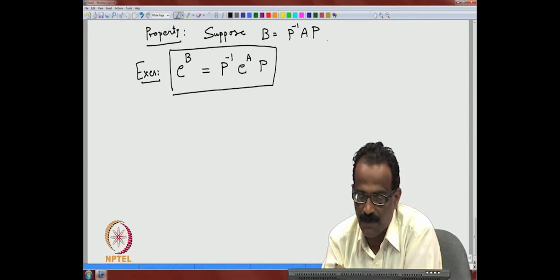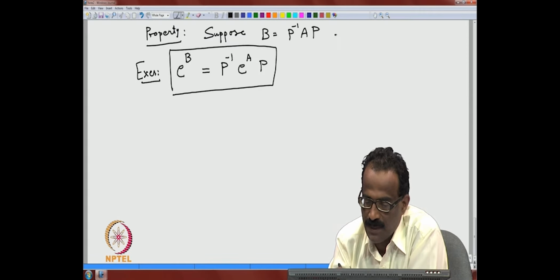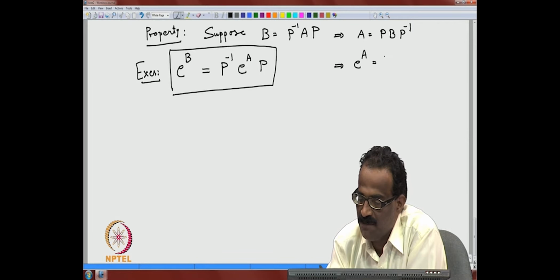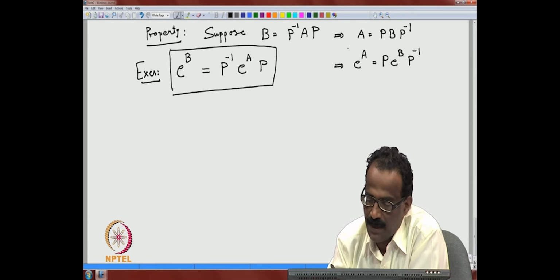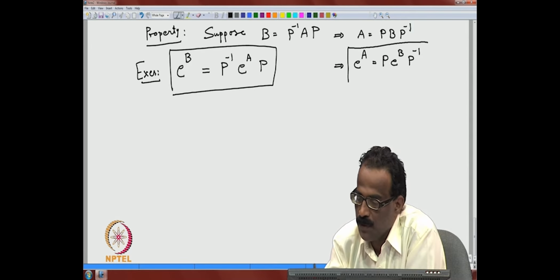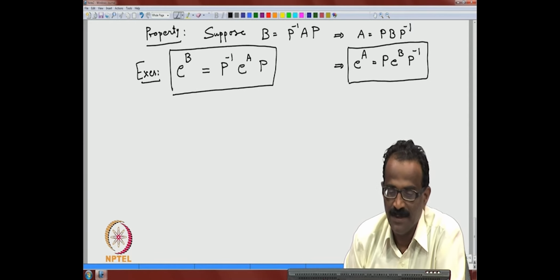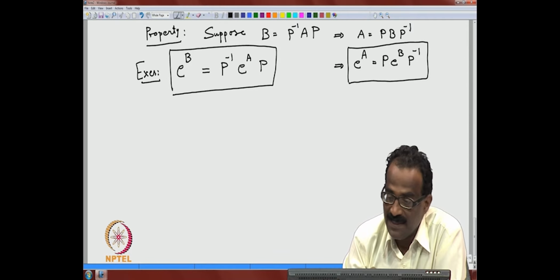You can do this the other way also. This implies of course A is equal to P B P inverse, and that also implies e power A equals, because P is an invertible matrix, P e power B P inverse. This is one important property which we are now going to use. Under this linear transformation, this helps.